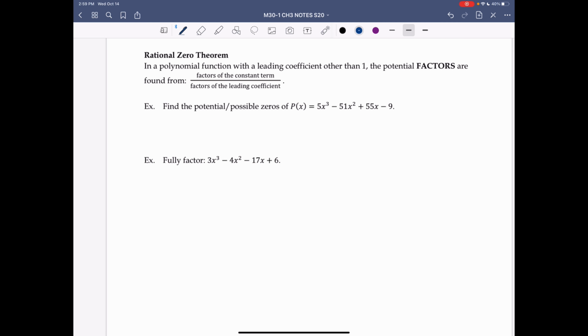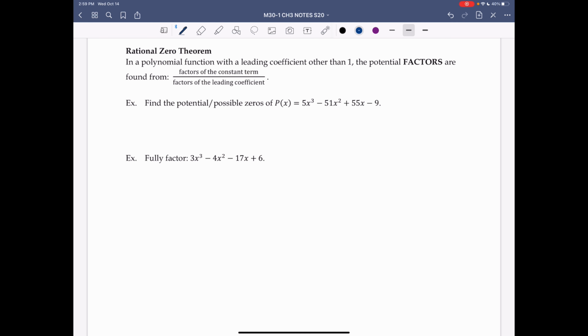We want to look at the factors of the constant term, which is negative 9. So plus minus 1, plus minus 3, and plus minus 9. And then divide those by the factors of the leading coefficient, which is 5.